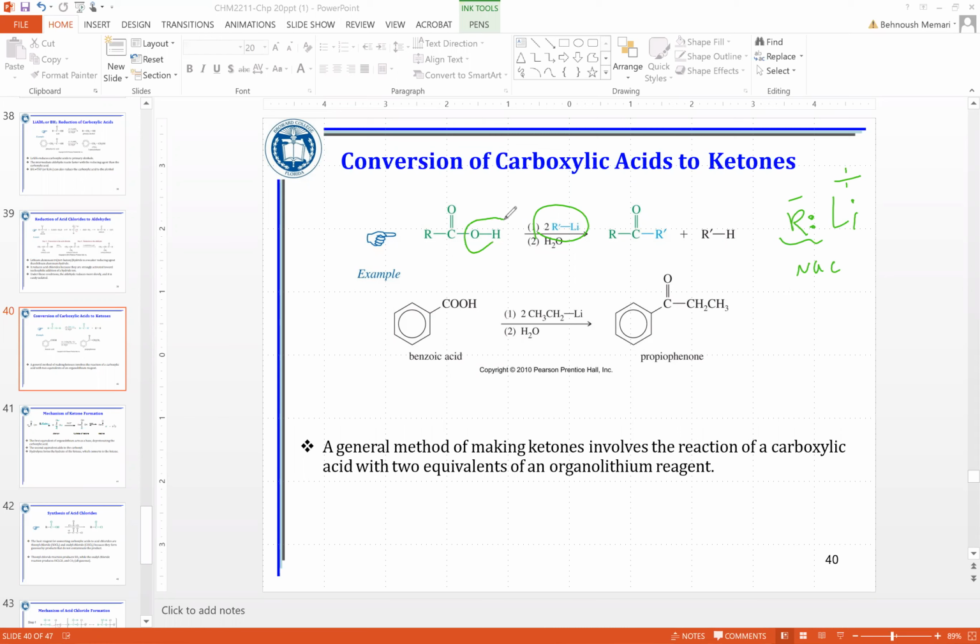You already have a leaving group here. So this is a substitution reaction. Nucleophile comes in, leaving group would leave, and you replace the OH with R, which is the nucleophile. And you get ketone as a product. So if you use alkyl lithium with carboxylic acid, you end up with ketone.